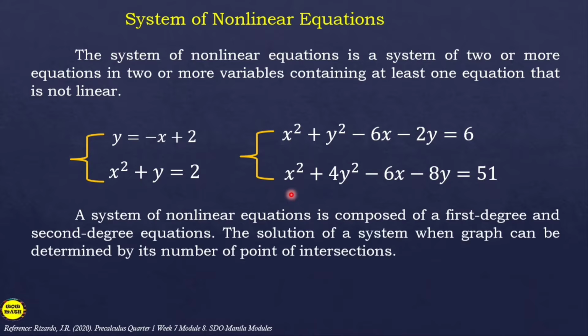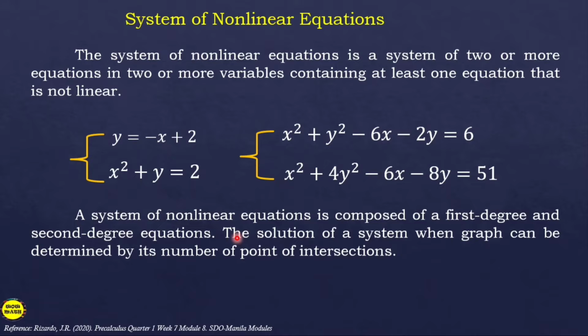And then tatandaan natin that a system of nonlinear equations is composed of a first degree and a second degree equation. The solution of a system when graphed can be determined by its number of points of intersection. Malalaman natin yung bilang ng solutions kung ilan yung intersection.